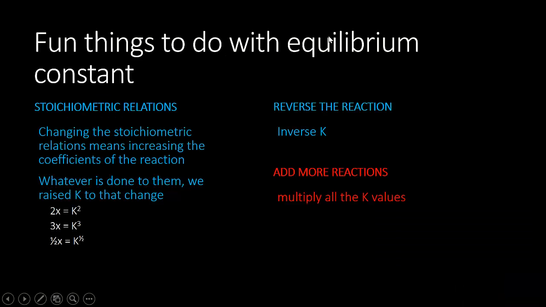Now, in the previous unit, we talked about Hess's law, and before that, we talked about mechanisms. For mechanisms or Hess's law, if we are dealing with a reaction that has multiple steps, and we know the K expression or the K value for all of those steps, we can determine the equilibrium constant for the overall reaction, because it's simply the summation of the steps.